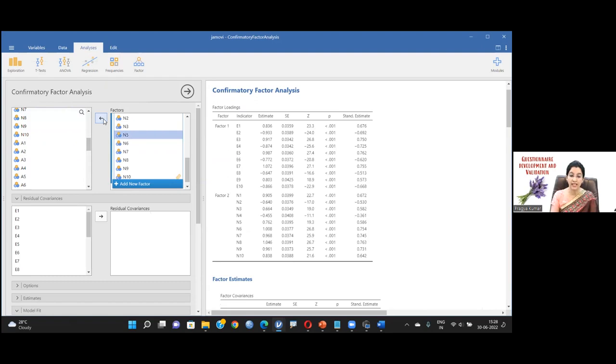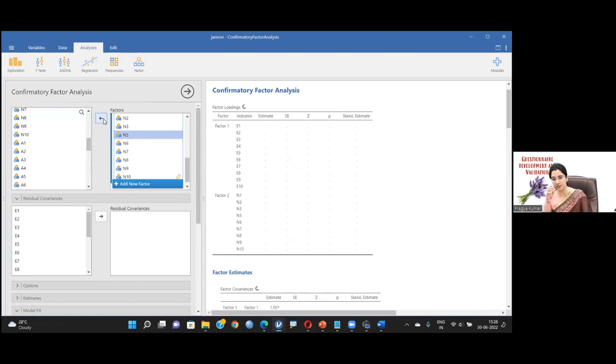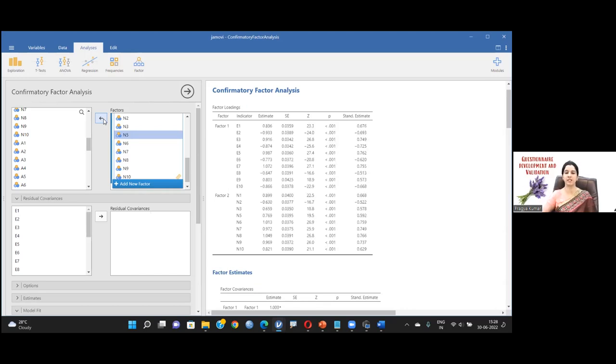But again, I have decided that I will not keep this N4. Ideally, I should have administered this questionnaire without keeping that N4 in the item. But since we are using the data which Jamovi has shared, that's why this N4 was there. I have removed this item N4 because it was not getting loaded on any other factor.